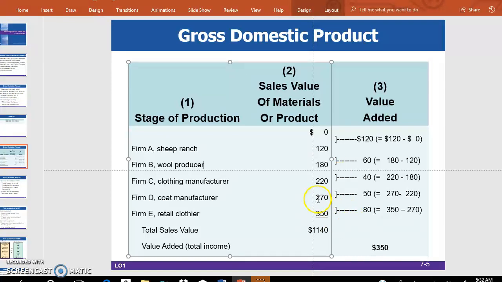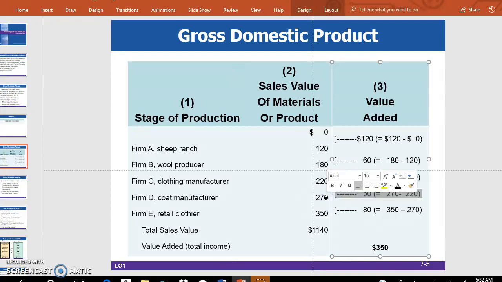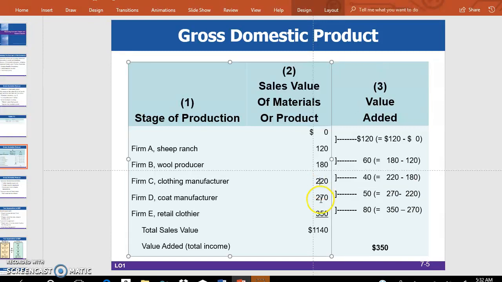The coat manufacturer is buying clothing from the clothing manufacturer for 220, and he makes a coat from that clothing and then sells it for 270, right? So it will be 270 minus 220, which is what? 50. His value added is 50.